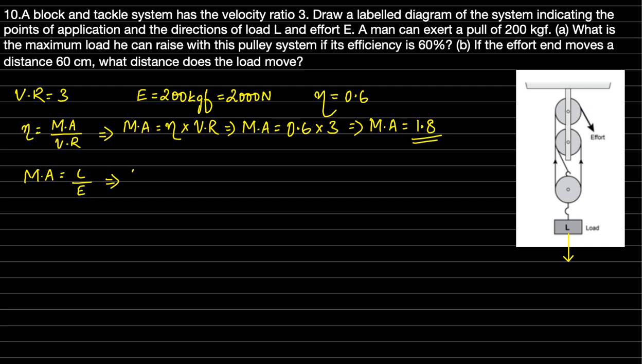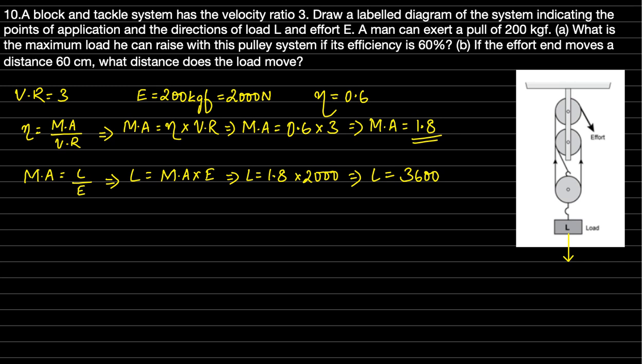So load will happen to be mechanical advantage into effort. So load happens to be mechanical advantage 1.8 into effort. So effort we just got it as 2000. So we get the load as 3600.